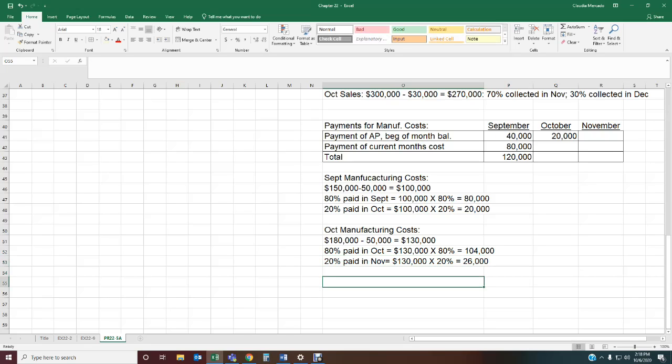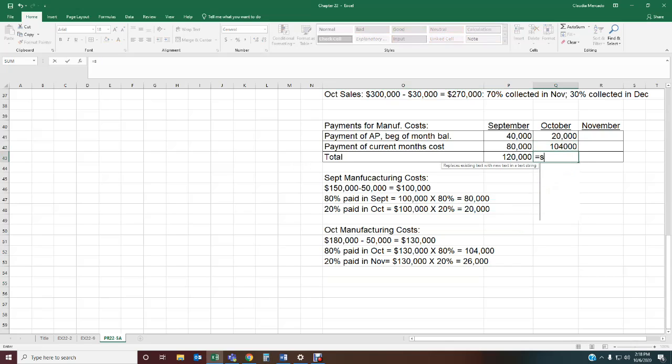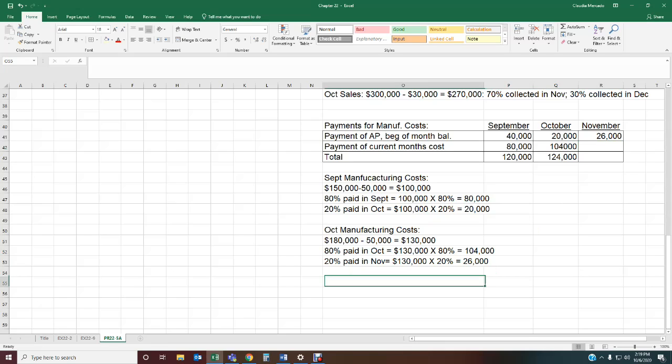So out of my October manufacturing costs, I'm going to pay 80% in October, which is $104,000, and then I can get my total here for October. In November, I'm going to pay 20%, which is equal to the $26,000. That's due in November. 20% is due in November, and 80% is due in October.